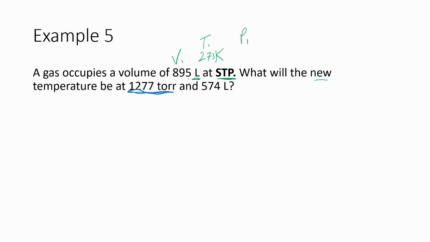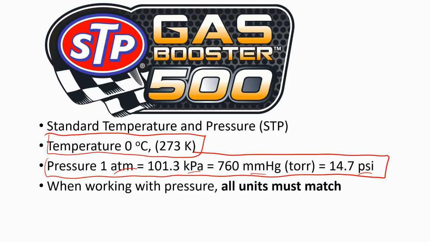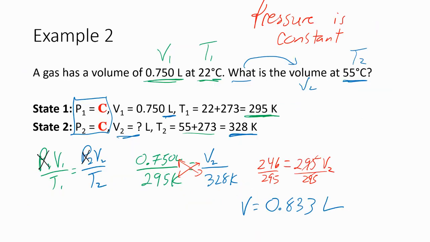So we need to use that pressure in torr. So here's our P2. Liters is telling us that's a volume. The what statement is looking for temperature. So that's our T2. So our P1, we want to use torr, and the one that's in torr is here, 760 millimeters of mercury or torr. They're the same unit. Thank science.